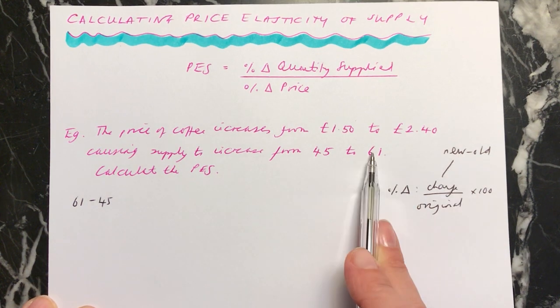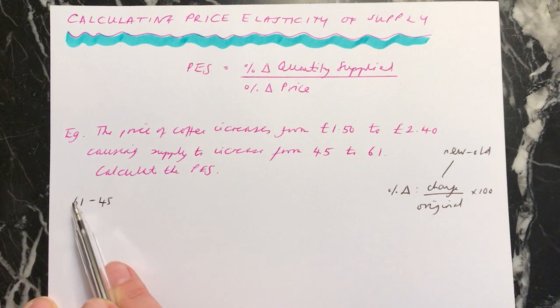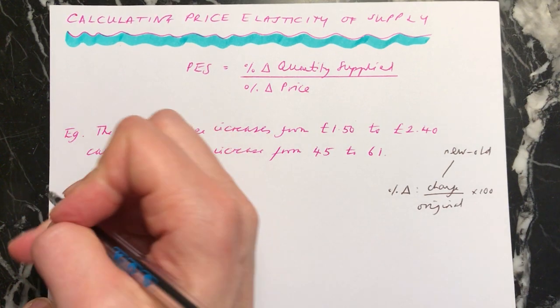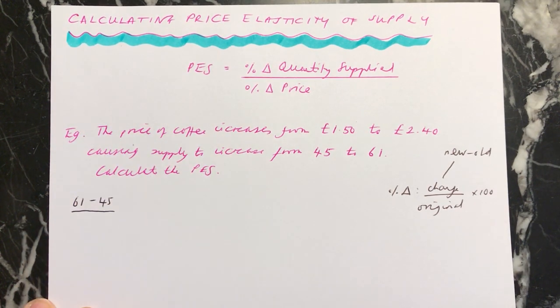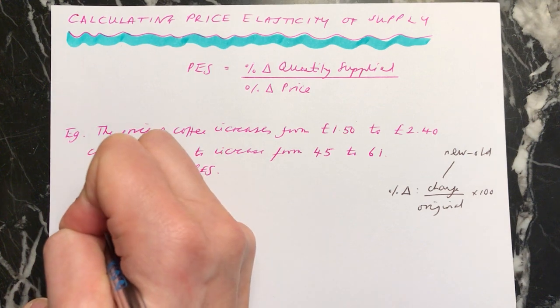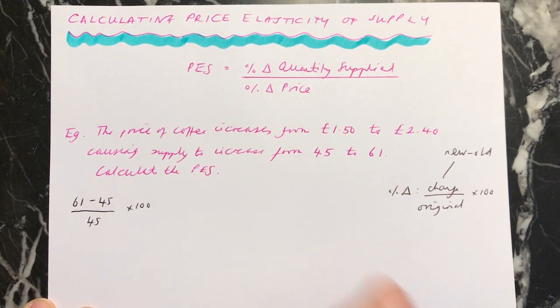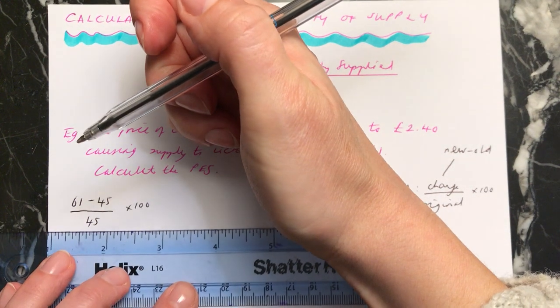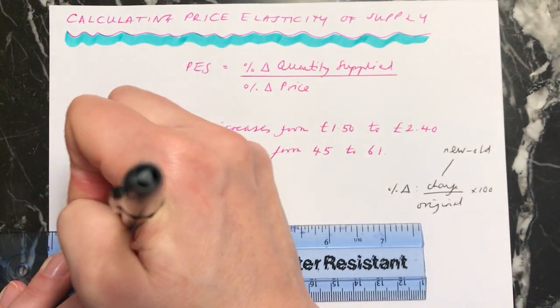Our new is 61, our old is 45. So we're doing the new minus the old, divided by the old figure, which is 45, times 100. And that's the top line of our equation, everything we're going to need to work out for this.